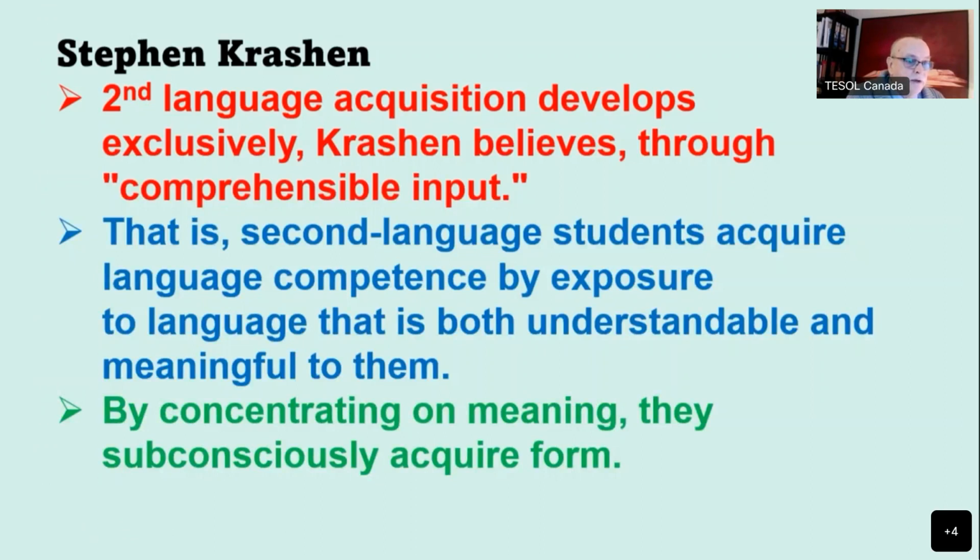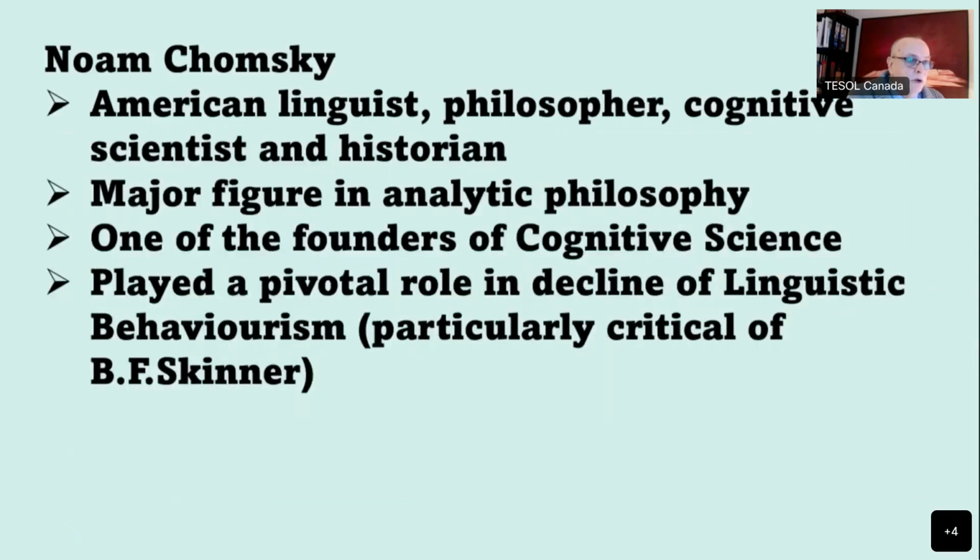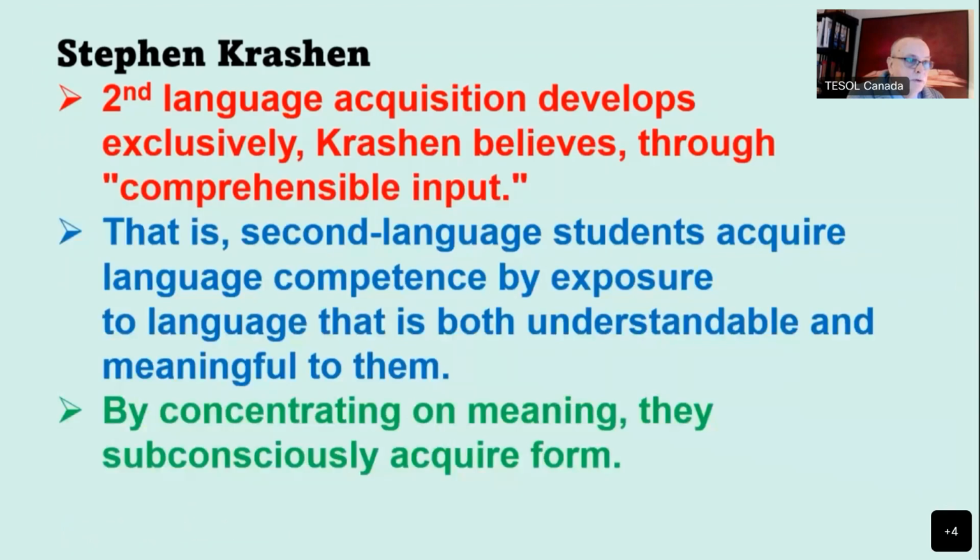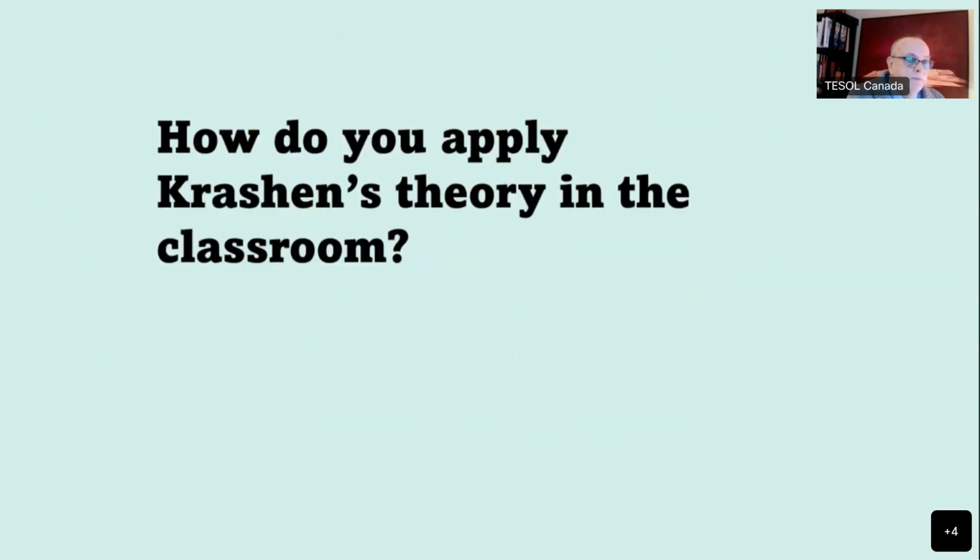By concentrating on meaning, they subconsciously acquire form. And in a moment, I'll go to the Canvas platform and show you where you can see Noam Chomsky and where you can see Stephen Krashen under the second language acquisition module.